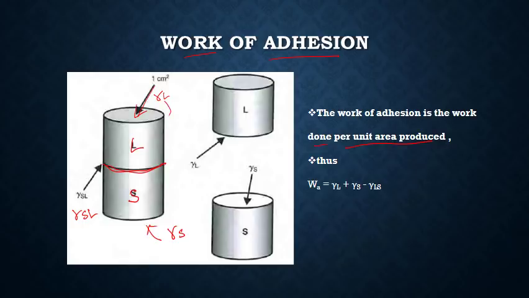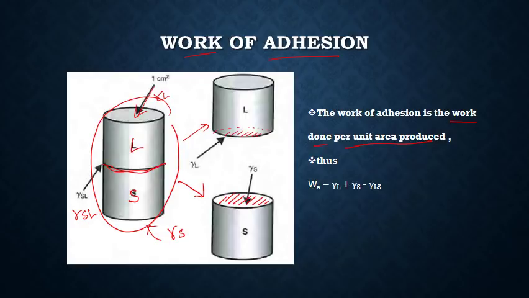So from this big cylinder, you break it into two. What are the areas generated? It will be the one here, the bottom here, and this area. So the work done is the work done per unit area produced.